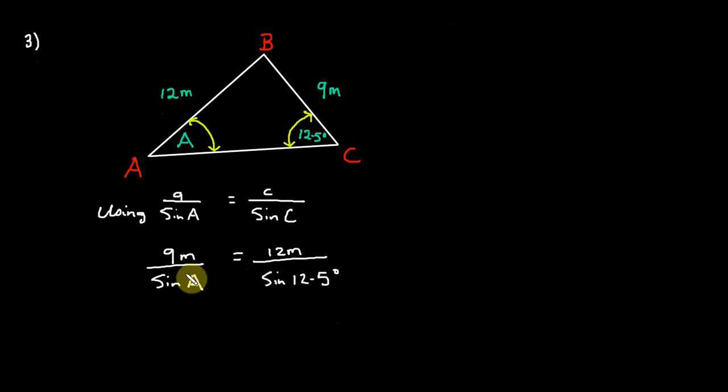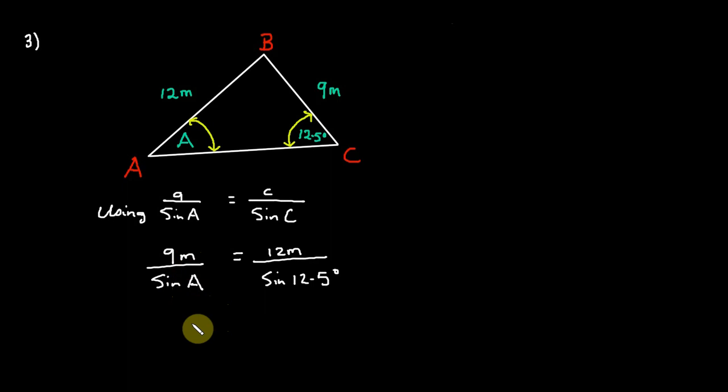If we examine this equation we have here, we have a complete side and angle on one side, and on the other we're given one and we have to find the other. We're given the side and we have to find the angle. Or we can be given a complete side and angle, or we're given the angle and have to find the side, as we discussed before.